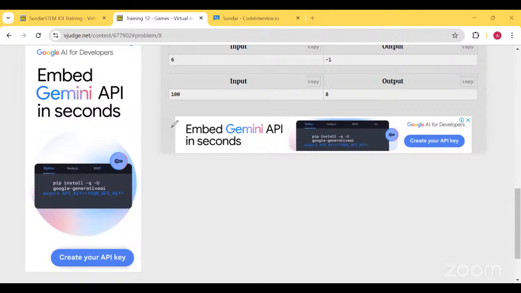We know the sum of adjacent integers starting with x and of length k is x plus (x plus 1), (x plus 2), and so on until x plus k minus 1.